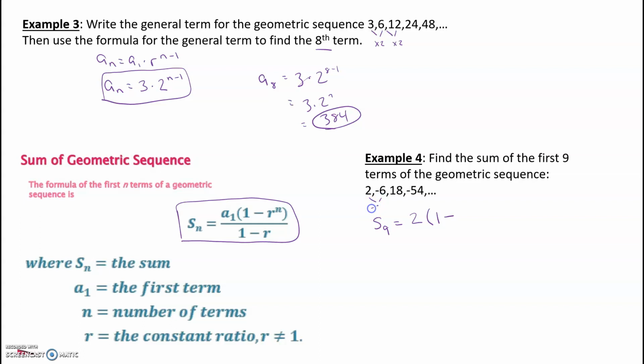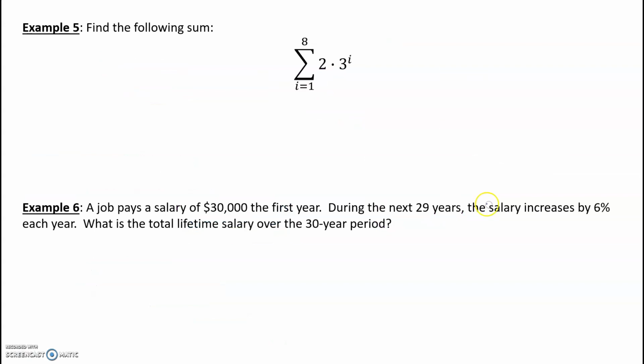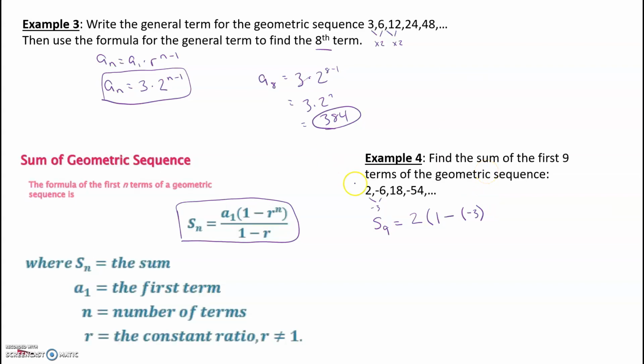So to get from here to here, we had to multiply by -3. So I'm going to put that in parentheses here. To the 9th. And then over 1 minus r, which is -3.